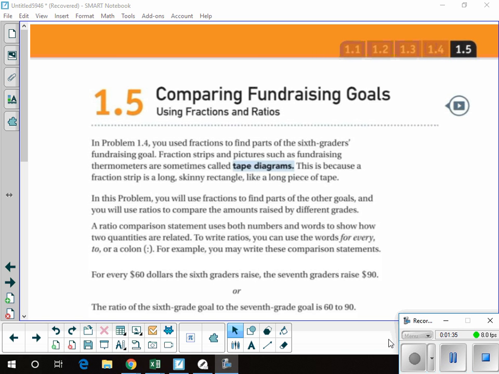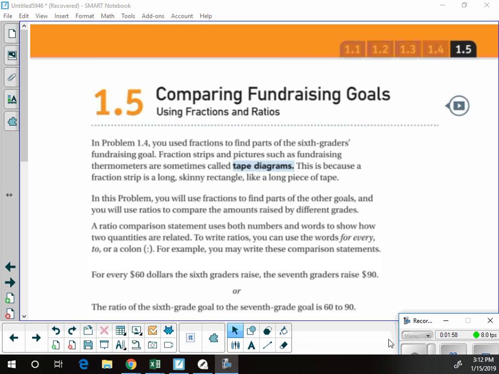In this problem, you will use fractions to find parts of the other goals, and you will use ratios to compare the amounts raised by different grades. A ratio comparison statement uses both numbers and words to show how 2 quantities are related. To write ratios, you can use the word for every, to, or colon.